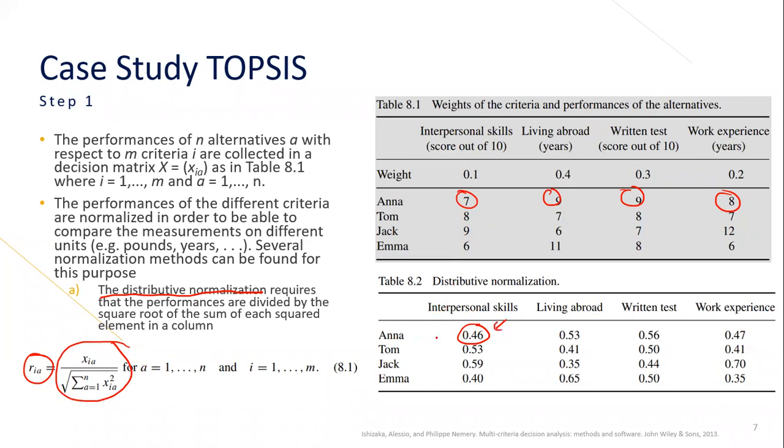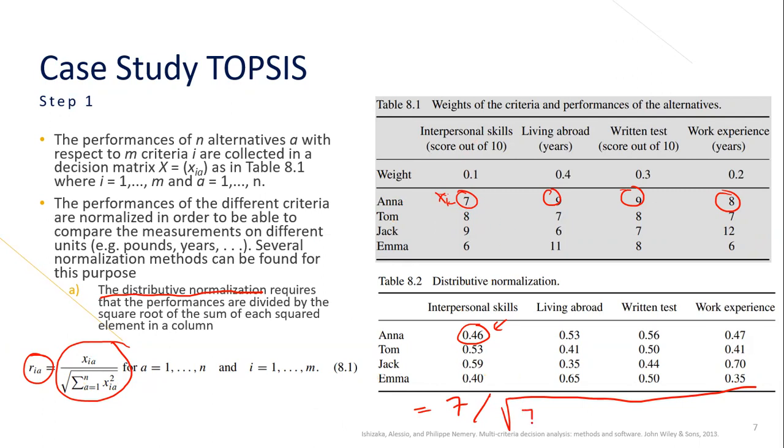It equals X_ia, which is 7, Anna with interpersonal skill 7, divided by the square root of the sum from a equals 1 until n of X_ia square.